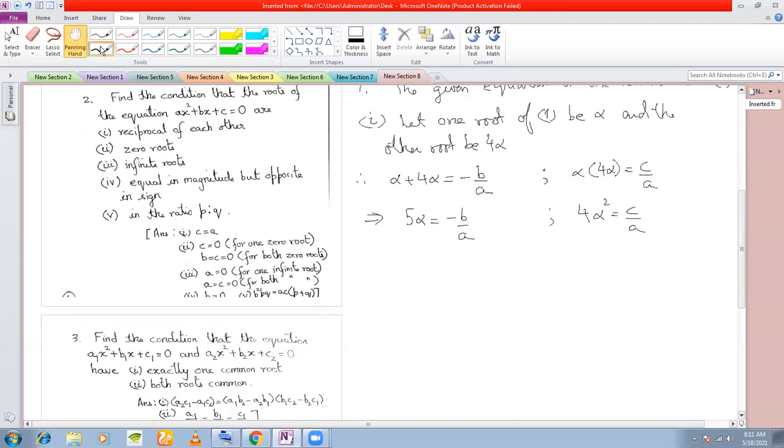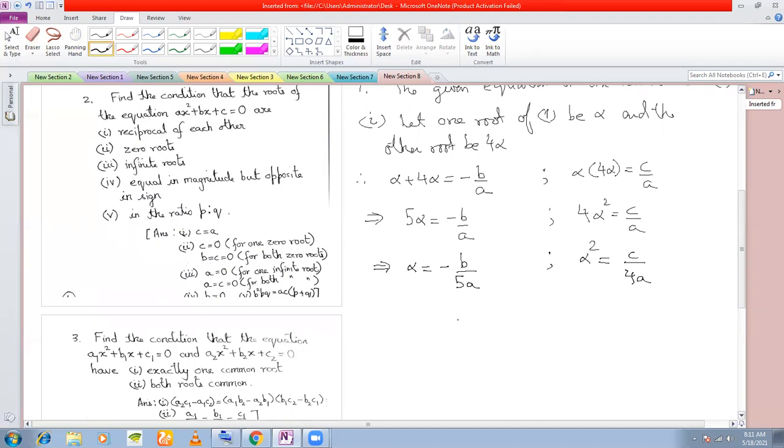That means now you get alpha is equal to minus b by 5a, and here you get alpha square is equal to c by 4a.